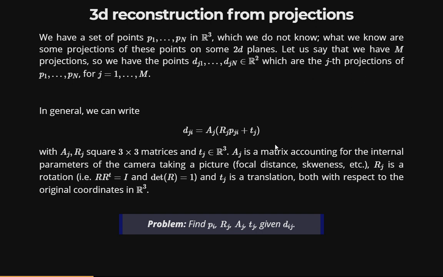Here there is an error in the formula. This is just PI. Because DJ1 is the jth projection of the first point. DJ are points in R2, and PI are points in R3. So yes, here it should be PI. Thank you, Ruby.